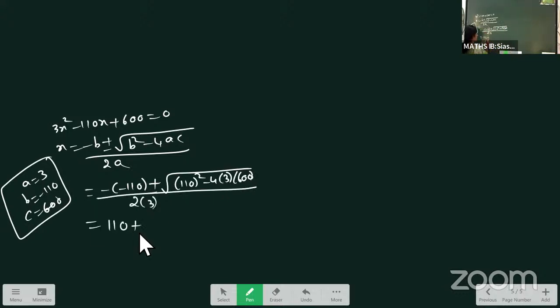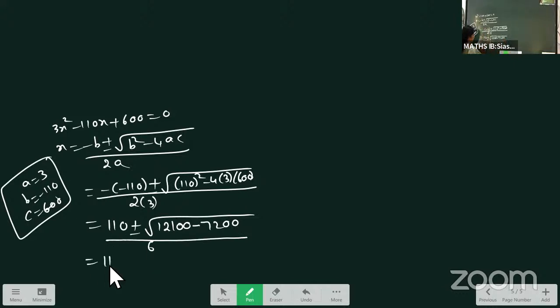So 110 plus or minus under root of 12,100 minus 7,200, by 6. You have to be very careful when you are doing the calculation. So 12,100 minus 7,200, I think it is 4,900.